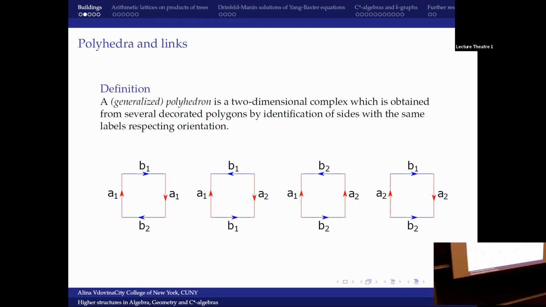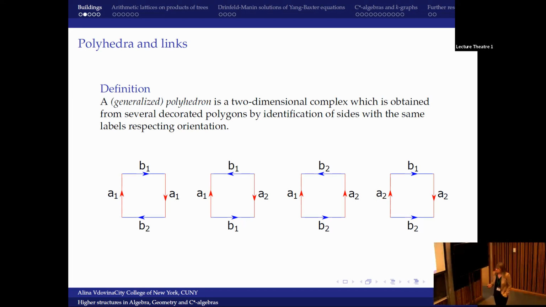And when I say polyhedron, I mean that we have a set of polygons with some letters on the boundary, and then we identify the edges with the same letters respecting orientation. So these squares are not commuting squares from the k-graph.